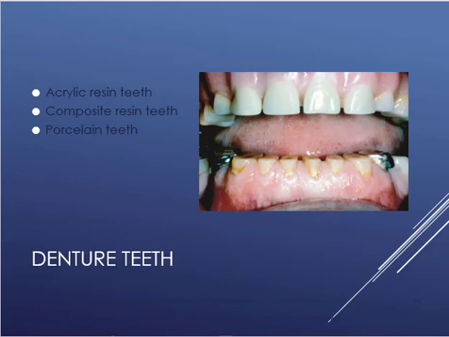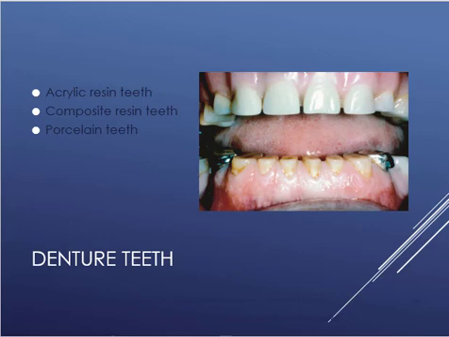Okay. Denture teeth. So plastic or acrylic resin and composite material and porcelain teeth are used for the teeth in complete and partial dentures, and each has its advantages and disadvantages. The majority of denture teeth used for the removable prostheses are made from acrylic resin.